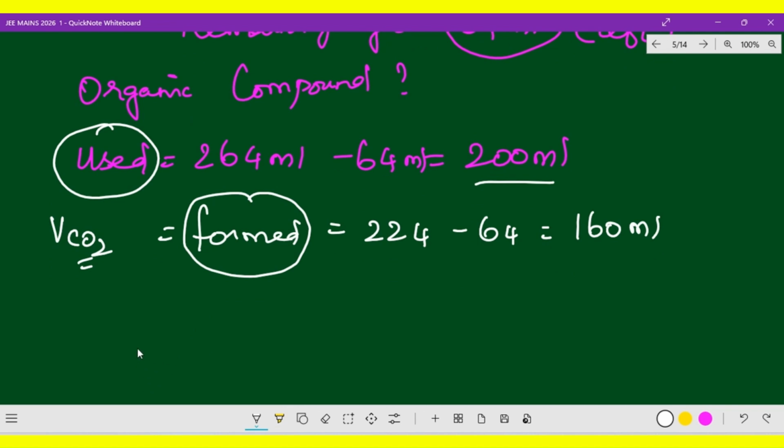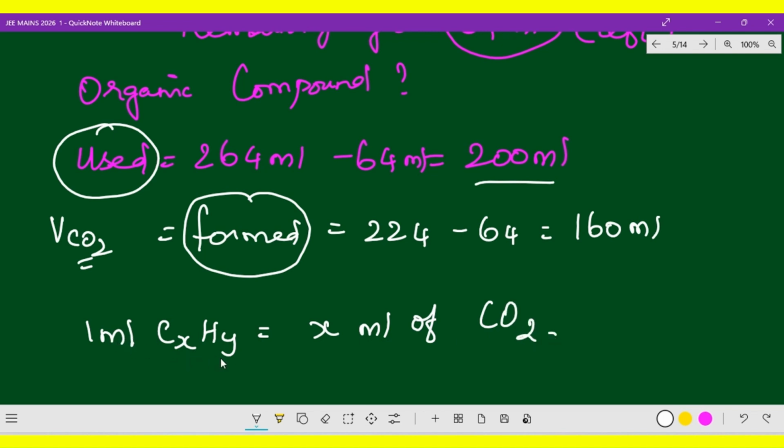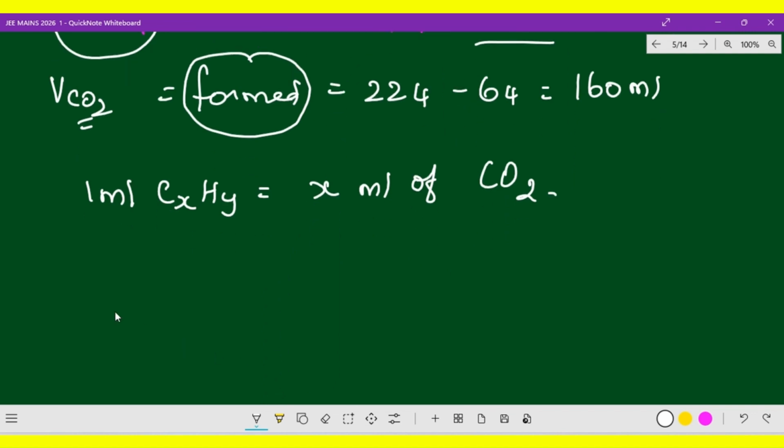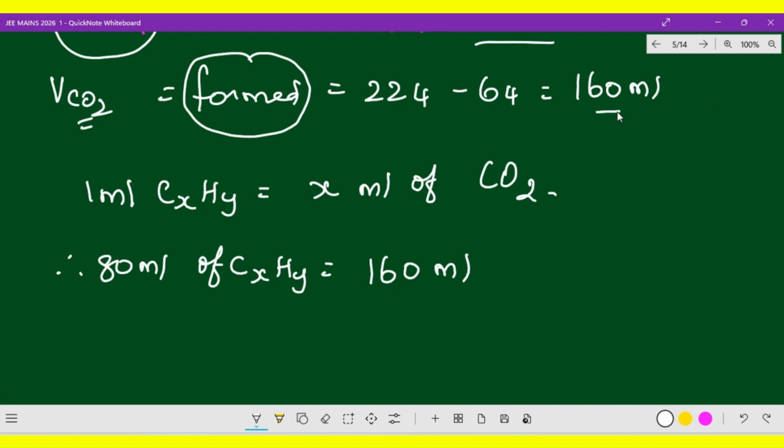Now here, 1 ml of CxHy gives x ml of carbon dioxide. So 1 ml of hydrocarbon provides x ml of carbon dioxide. Therefore, 80 ml of hydrocarbon CxHy provides 160 ml of carbon dioxide.